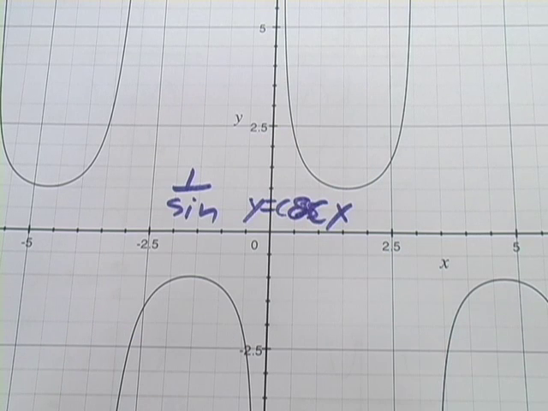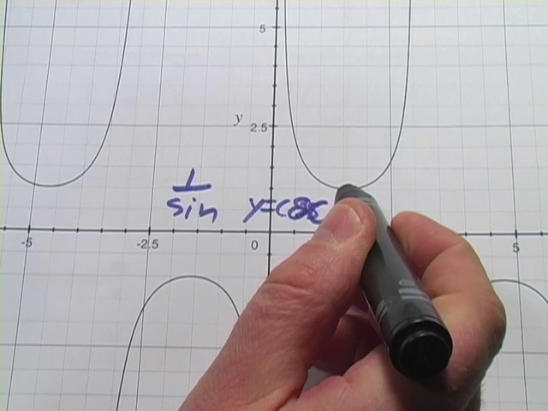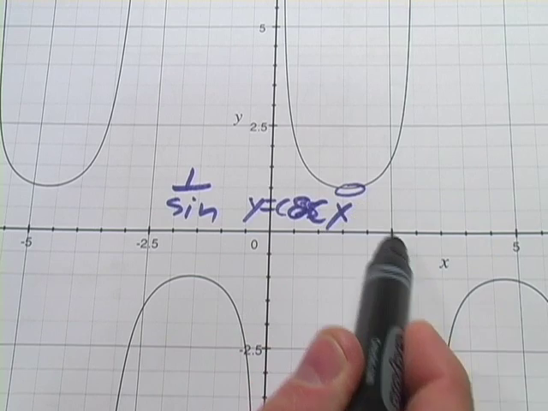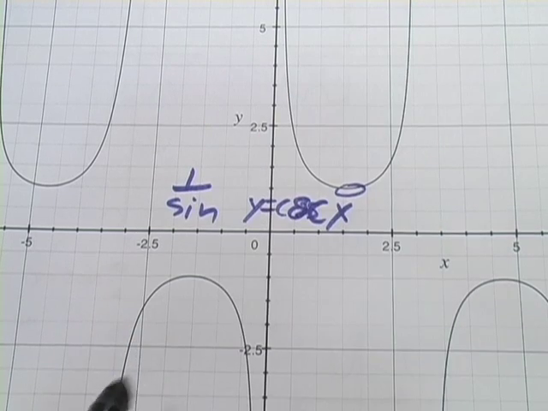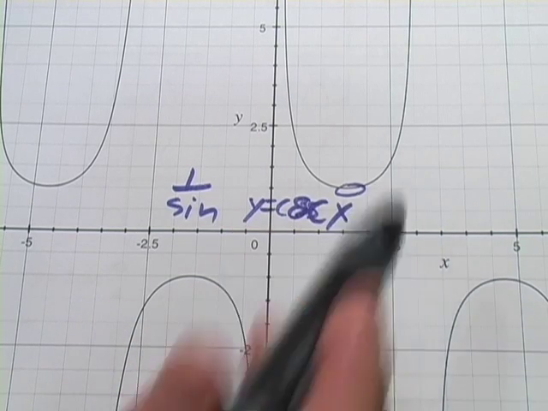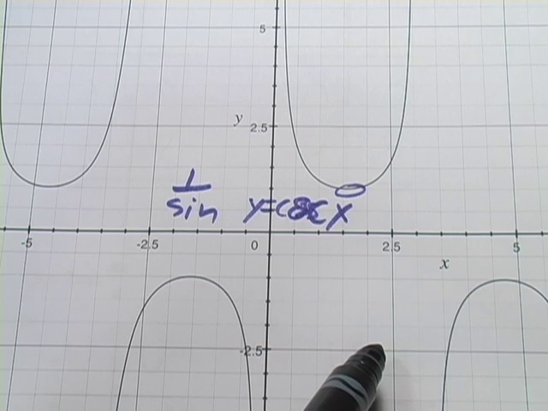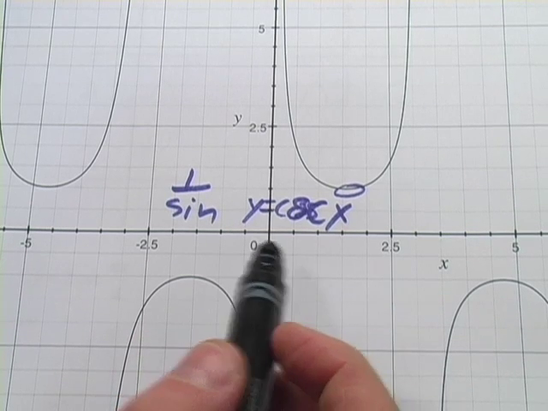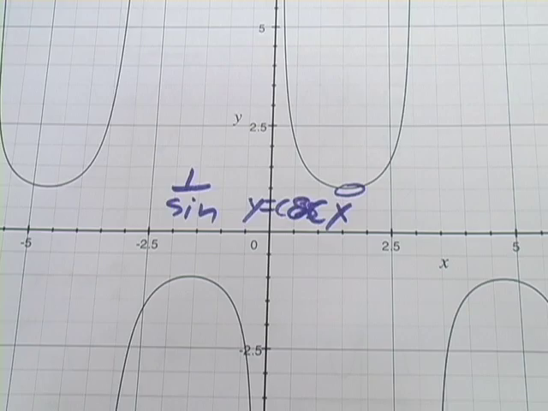So at 0, it's going to go up to infinity, down to negative infinity. Then, as the sine approaches 1, we get to 1 here. And then as it falls back down, it gets bigger and bigger on this side. And then undefined again, where sine is 0 at pi. So it's very similar to the secant function, just shifted over the way that sine is shifted over from the cosine function.